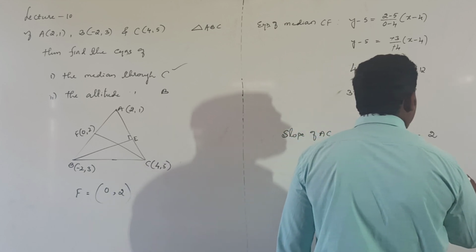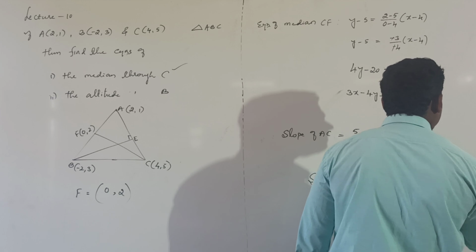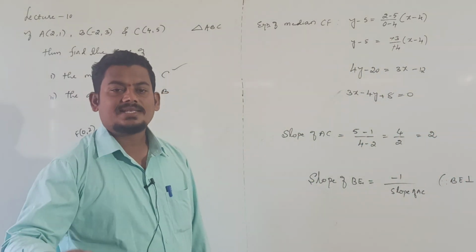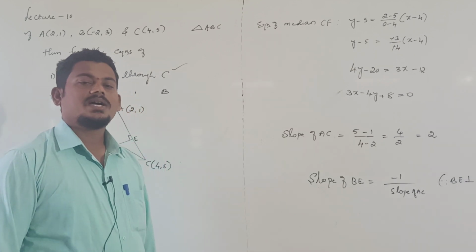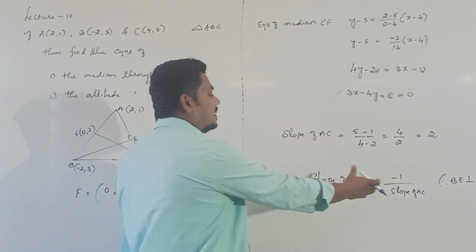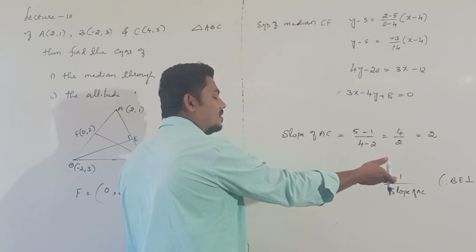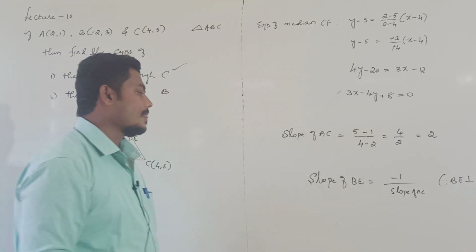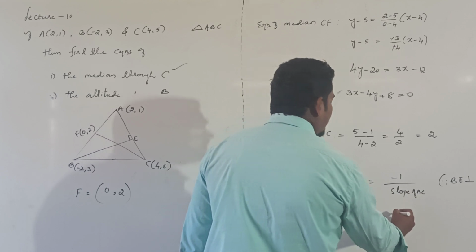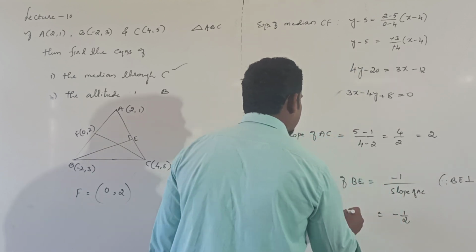Why? Because BE is perpendicular to AC. Already you know the perpendicularity condition. If two lines are perpendicular, then the product of their slopes is equal to minus 1, right? Hence, if you take cross multiplication, slope of AC into slope of BE is equal to minus 1. Why? Because perpendicular. Then slope of BE is equal to minus 1 divided by 2, right? Now you get the slope of BE.